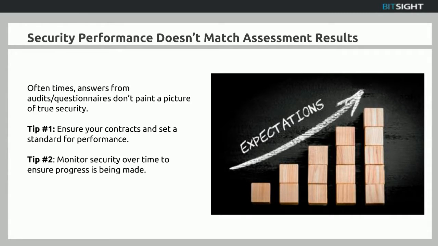So in this case, what you should do is to ensure that you have language in your contract with the vendor before you onboard them to make sure that they're going to stay current on various security measures, and that there is a baseline standard for security performance that the vendor should adhere to on an ongoing basis. And again, monitoring security over time will make sure that whatever deviations from that assessment existed originally, those deviations are minimized over time.